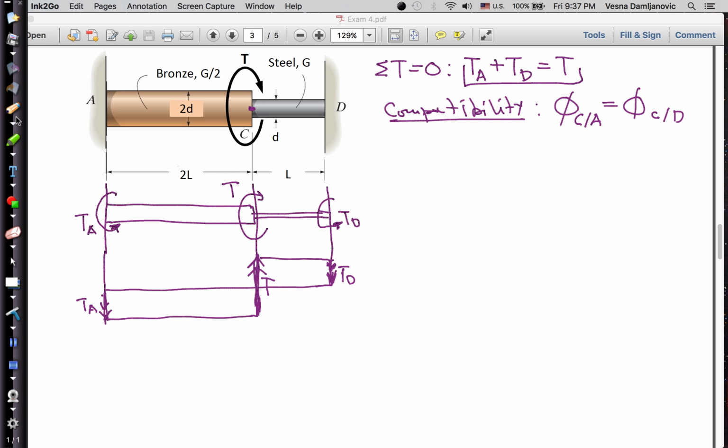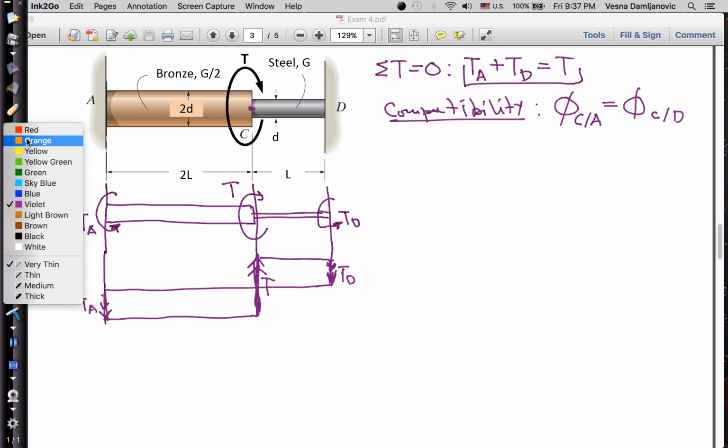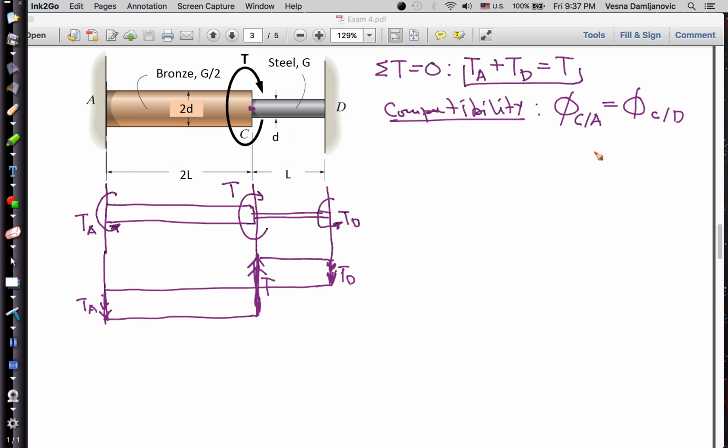So now let's look at what we had here. I'm going to use a red pen. So for compatibility, how do we write this? We know that the generic equation for phi is equal to TL over JG: T the internal torque at that section times the length of the section, divided by J of that section and times G of that section.